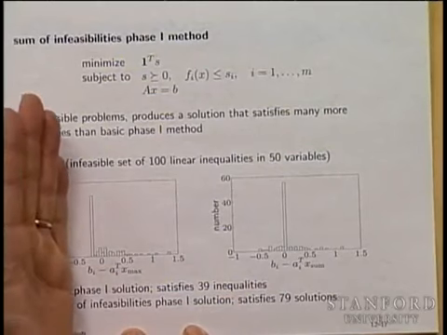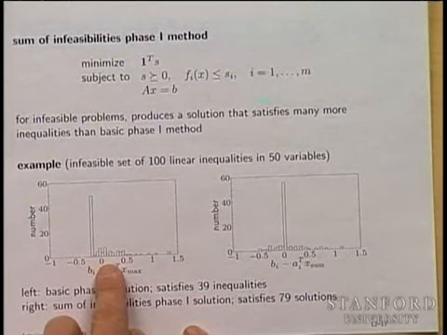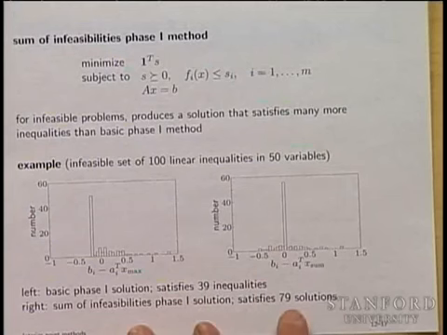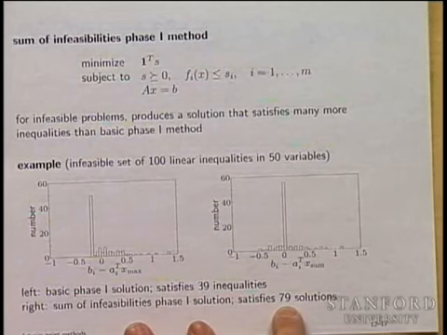When you push these up here, here's what happens. You get to the point, and basically, most inequalities are violated. So this is the basic phase one. When you do a sum of infeasibilities, you identify there's only 21 in the end that are violated. Is 21 the minimum number of constraints that can be violated? Who knows? No one knows. But it's a heuristic for violating just a few.